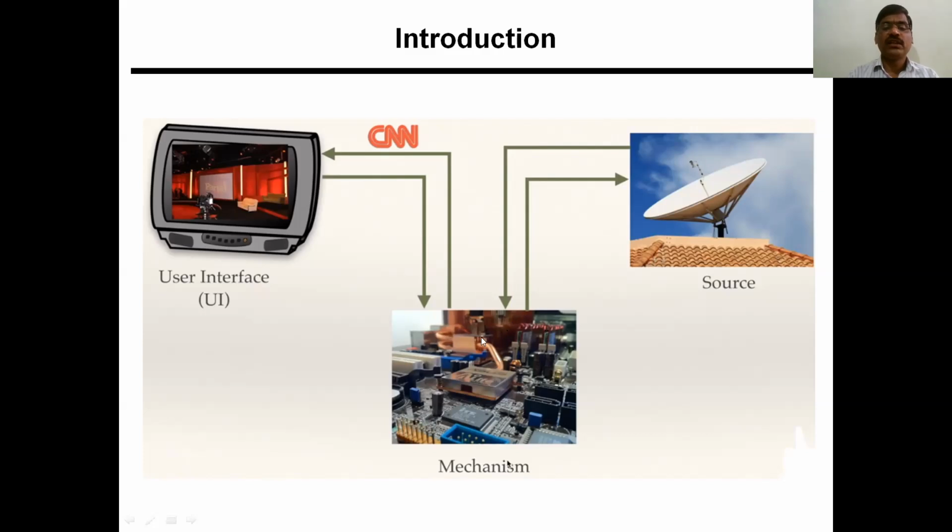Now this internal mechanism will send the request to the source, which here is the dish antenna. Now it will check whether the channel you require is accessible, or whether that particular frequency is available in the source, and if it is available, then that particular channel will be provided as a response to this mechanism.